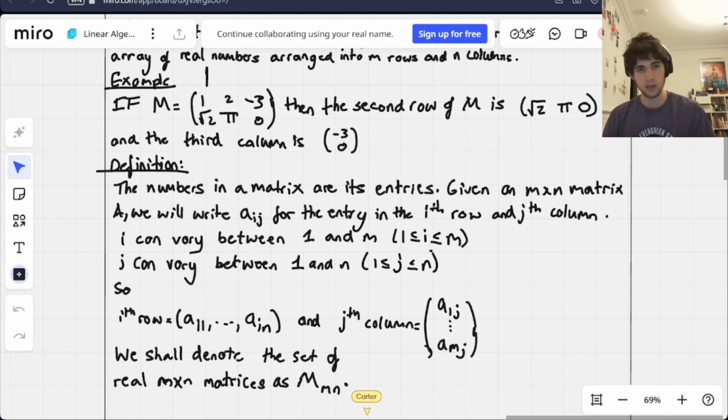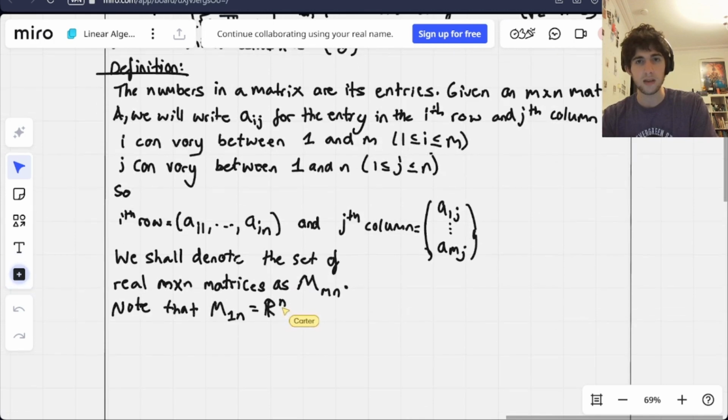What we can do with this is note a couple of things. Note that the set of all 1 by n matrices is just our row vectors, Rn. So Rn is just the set of all row vectors with n entries. The 1 is locked in, but we need to choose what our n is.